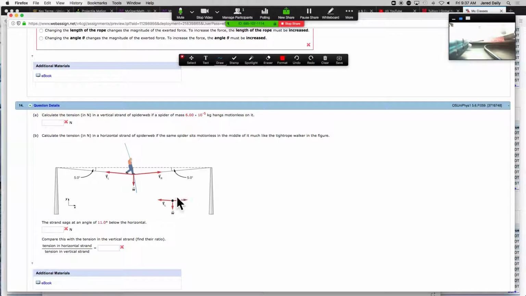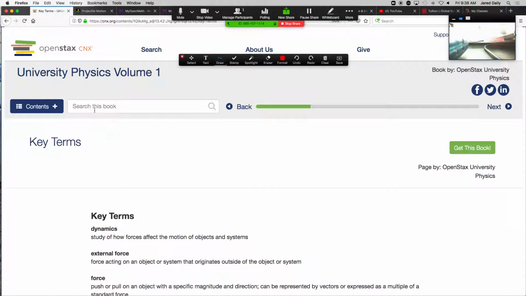And this is just like the one we looked at in the book in class. Didn't we do a tightrope walker problem? I think we did. Trying to remember if we did one.